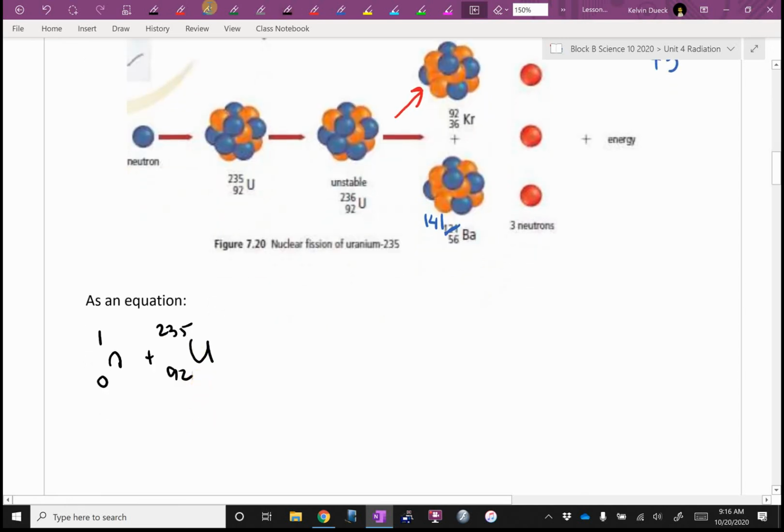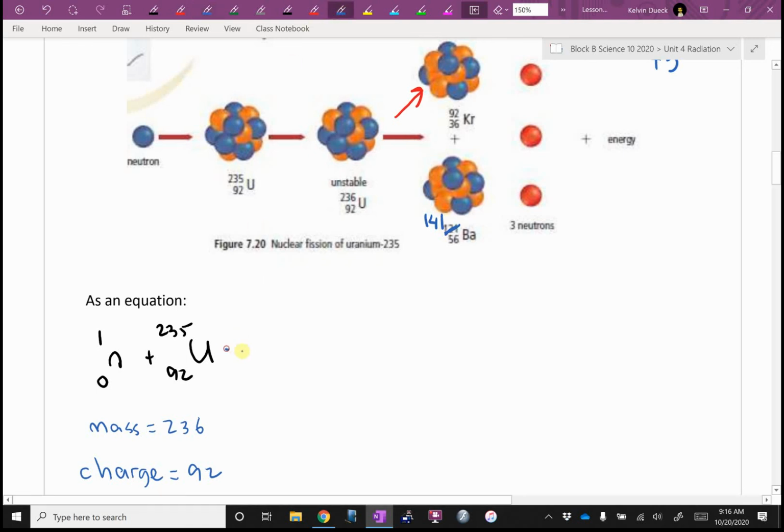And here's the key idea. I'm starting out with a mass of 236, and a charge total of 92 plus 0, 92. At the end, I'm going to have the same mass and the same charge. So that's how we're going to track the numbers through.